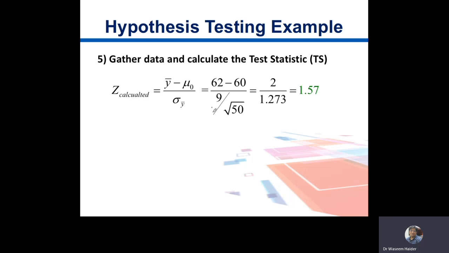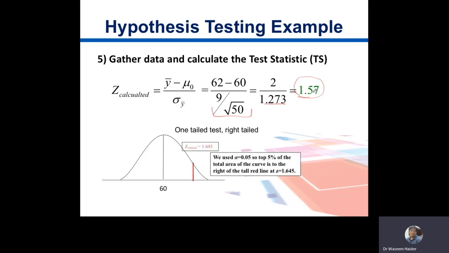That thing is your sigma y bar, our standard error, which is 1.273. 2 divided by 1.273 is 1.57. So that's your z calculated. It's a one tail test towards the right, and this is a critical region, so you should have a number bigger than 1.645. The number we get was 1.57 here. See where it falls on the curve.